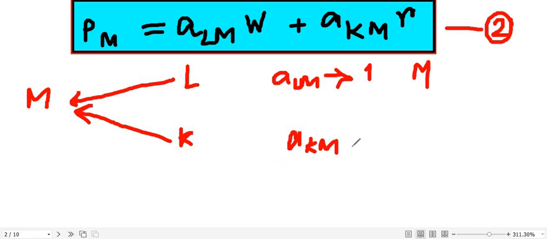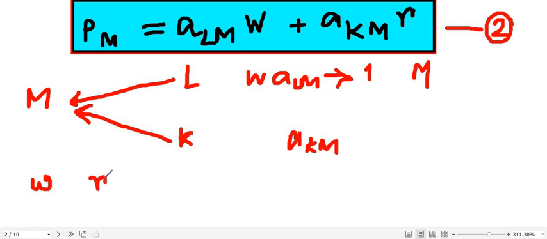Now, we assume that W is the wage that is paid to every labor. So if I pay W wage to every unit of labor, then I have to pay ALMW. Essentially, let me just write it here. W times ALM will be the total wage bill that I have to pay to all the labor that I am using to produce 1 unit of manufacturing output.